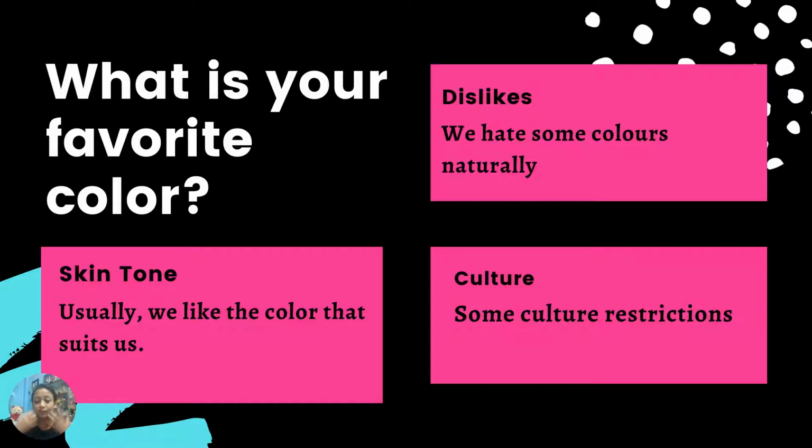If somebody is bright, then almost every color suits her. But if the skin is dark, not all colors suit that person. For me, if somebody asks what my unfavorite color is, I would say it's olive green, right?